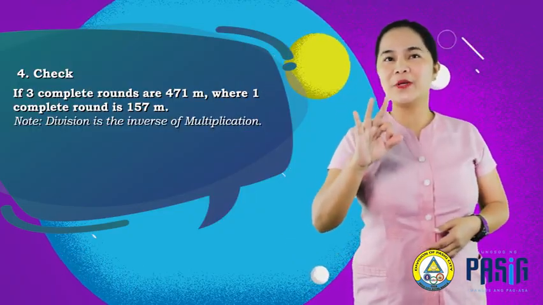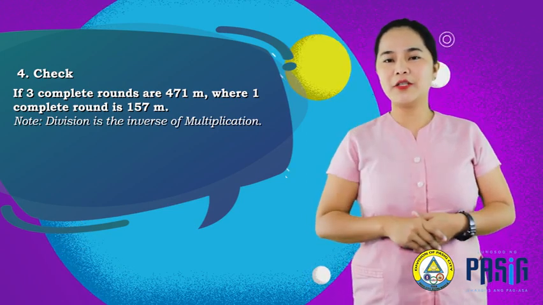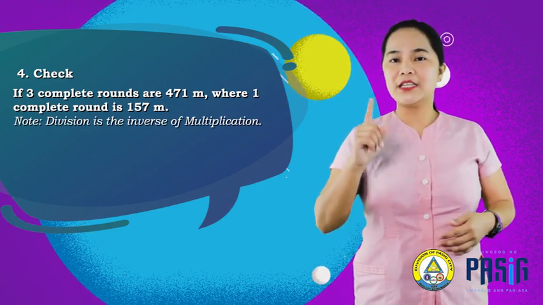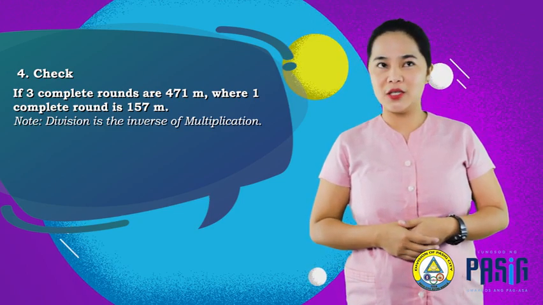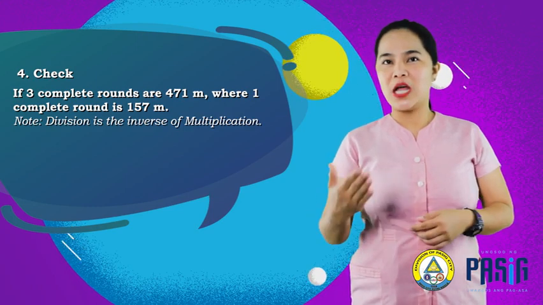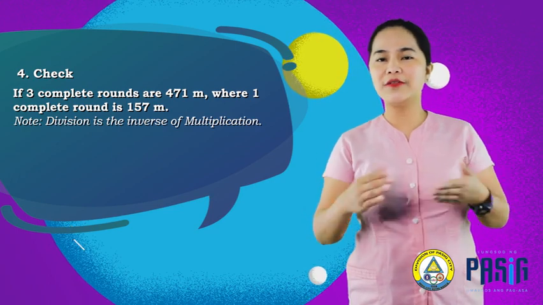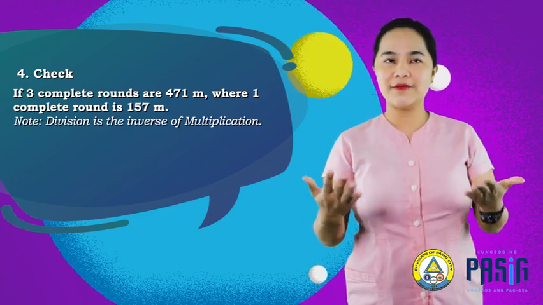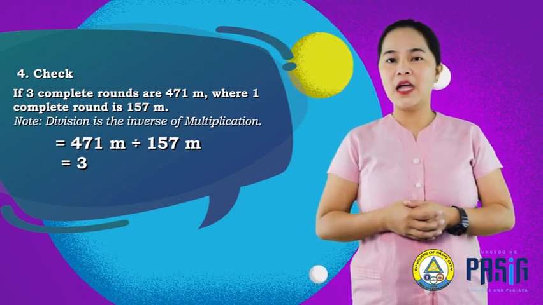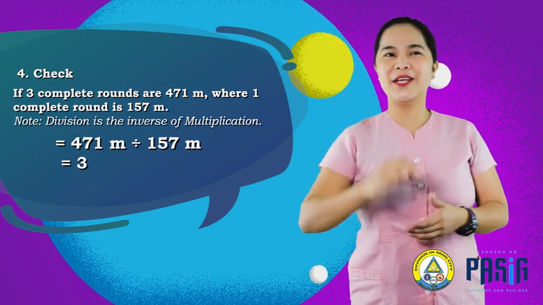If 3 complete rounds are 471 meters, and 1 complete round is 157 meters, take note, children, that division is the inverse of multiplication. A while ago, we did a multiplication, so now, to check our answer, let's use the inverse of multiplication, which is division. So, 471 meters divided by 157 meters is equal to 3.